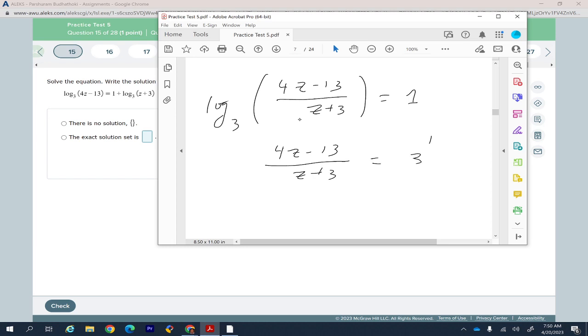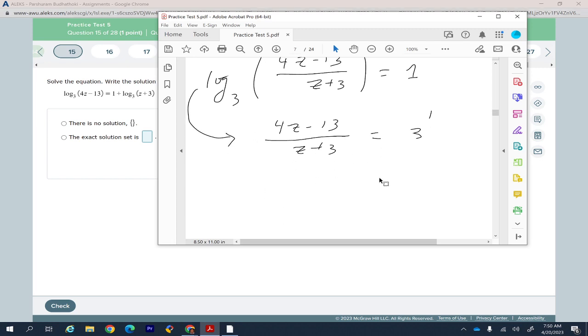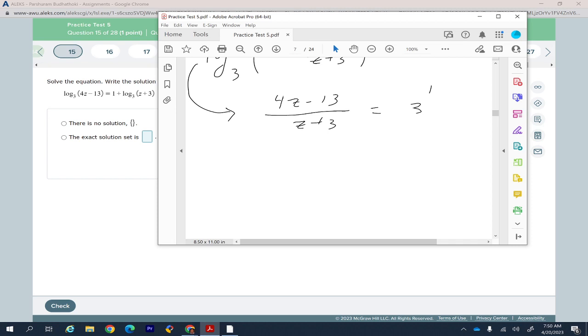So from log you can go to the exponential, and now you can solve for z. There is a z plus 3, so we can just multiply both sides by z plus 3. So that would be like this, and now you have to solve this linear equation.